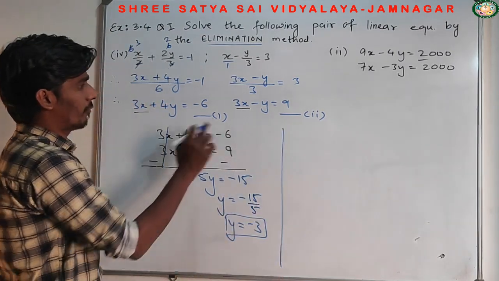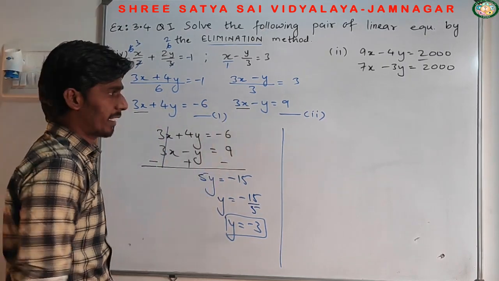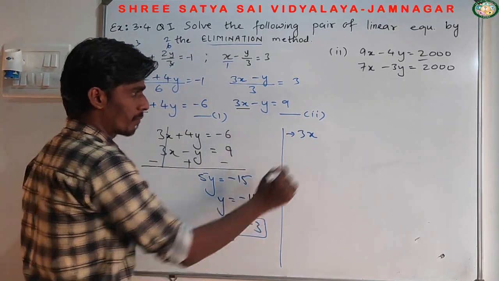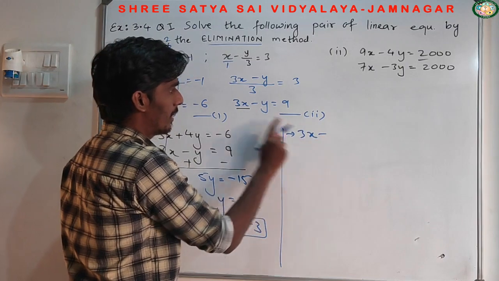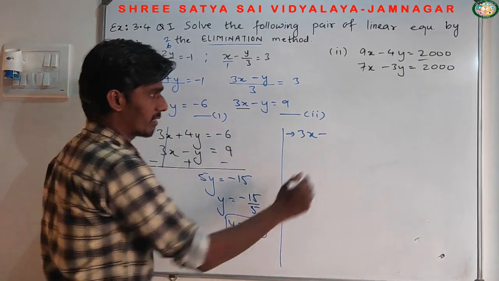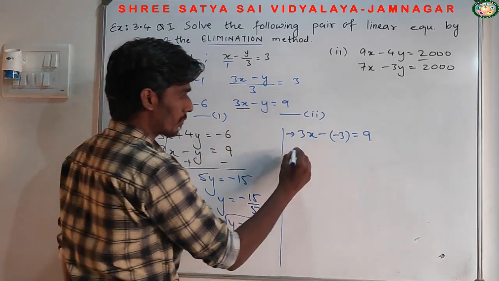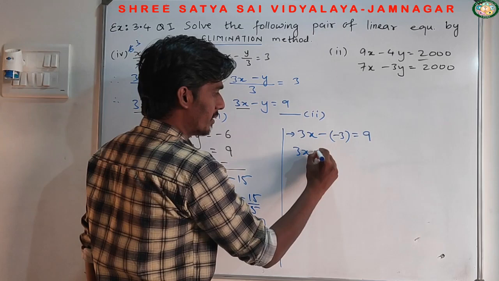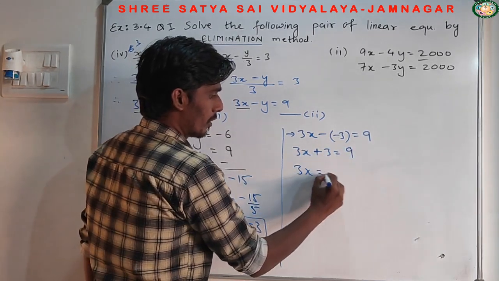Now to find the value of x, replace in any of the equations. I am going to replace in the second one: 3x as it is, instead of y, minus this minus sign over here. Now instead of y I am going to write minus 3. So 3x minus minus 3 equals 9, so 3x plus 3 equals 9.